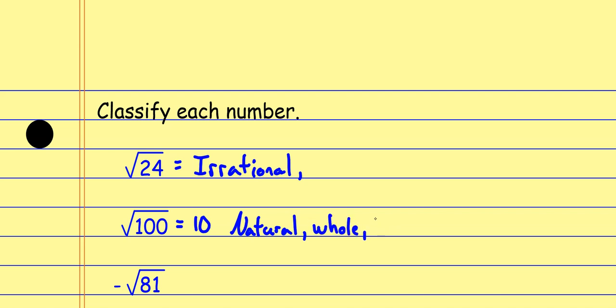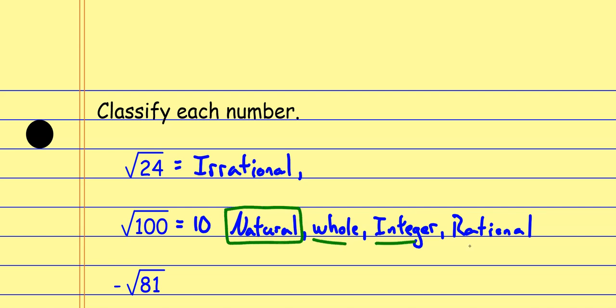And the whole numbers are part of the integers, so it's automatically an integer. And that's part of the rational numbers, so it's automatically a rational number, okay? And so the most specific category is the natural numbers, but it's also included in all of these. That's how the number sets work, okay? The natural numbers are part of all those other sets, so they're included.